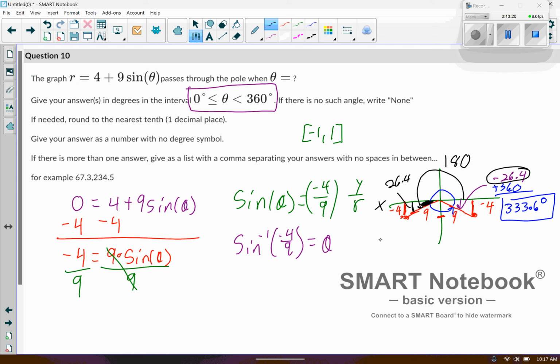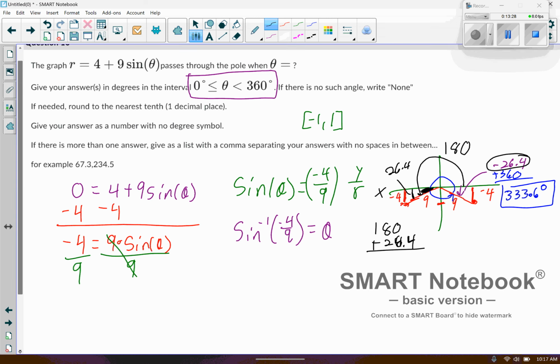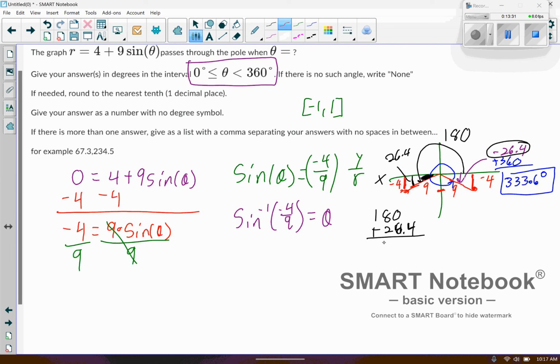So I'm going to add 180 plus 26.4, and that should give me that other angle right there. And so let's see, that's going to give us 200. We're going to have the 0.4 and then 6, carry the 1 over to where I get 206.4 degrees. And that would be the other angle right here.